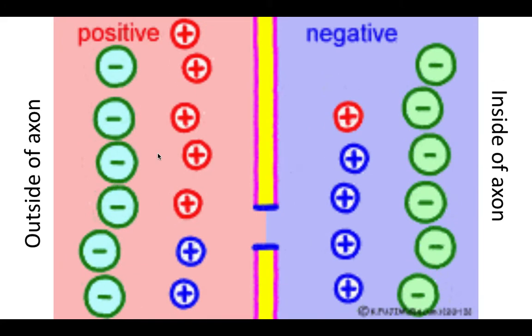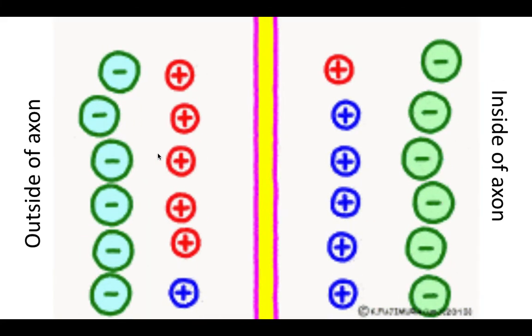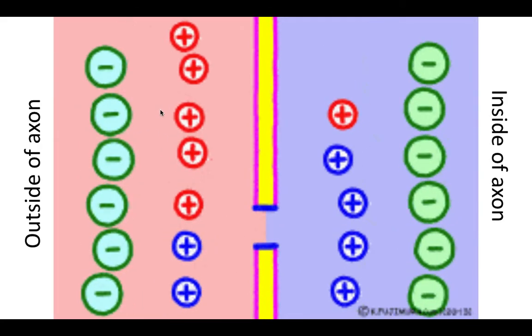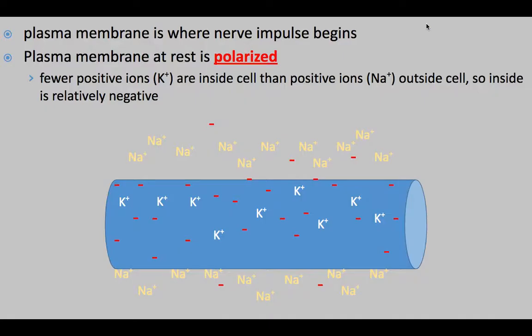And so that creates a polarity across the axon membrane, where the outside is positive and the inside is negative. And the reason is the outside has more positively charged sodium ions than the inside has positively charged potassium ions. Outside positive, inside negative. Outside has more sodium, inside has potassium.